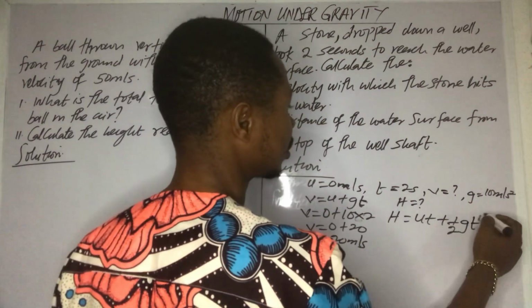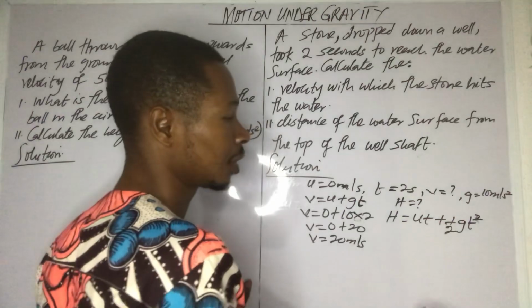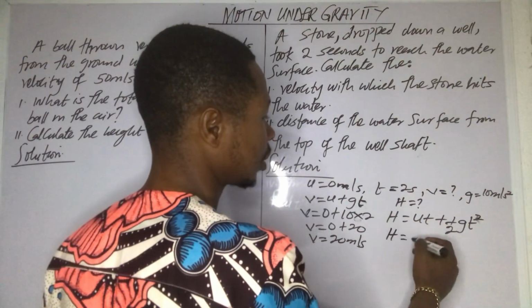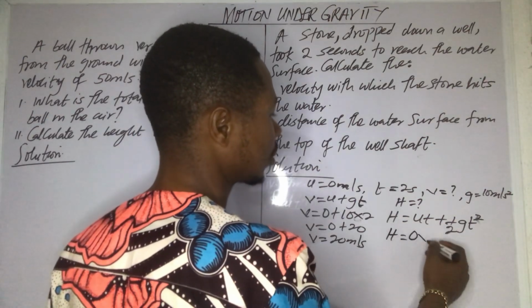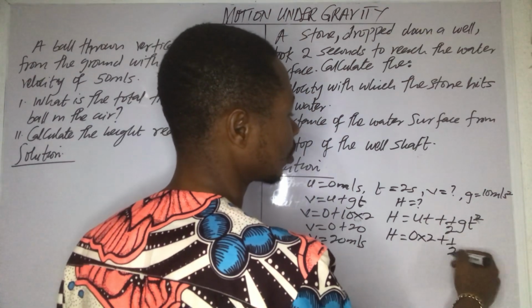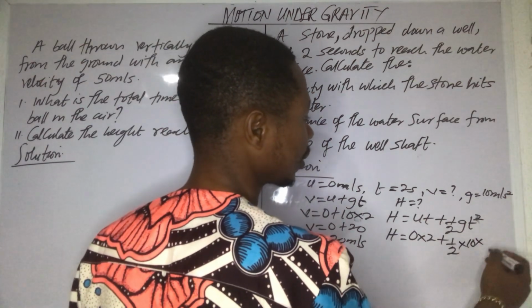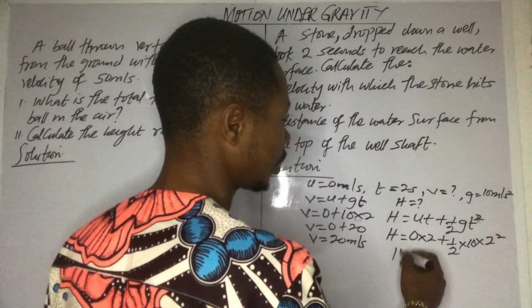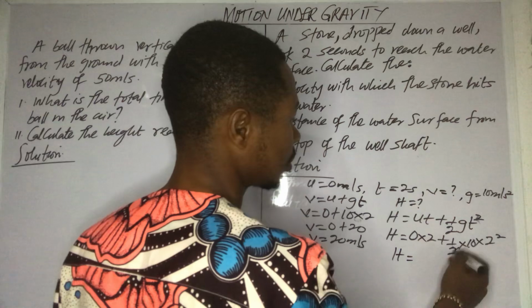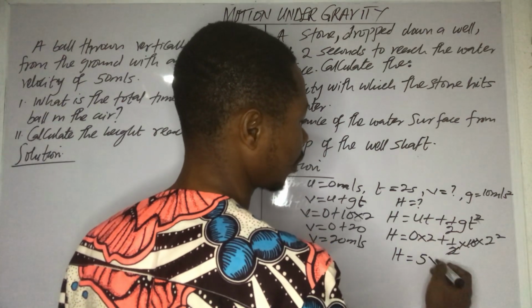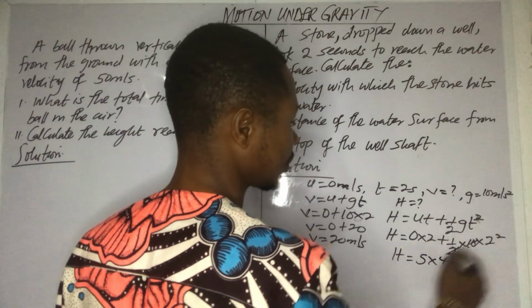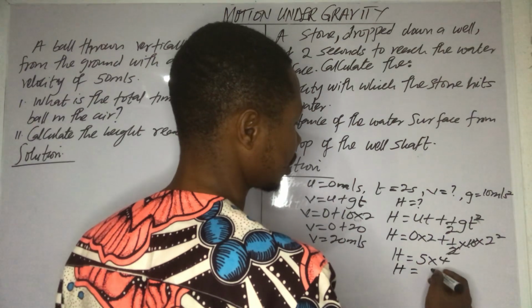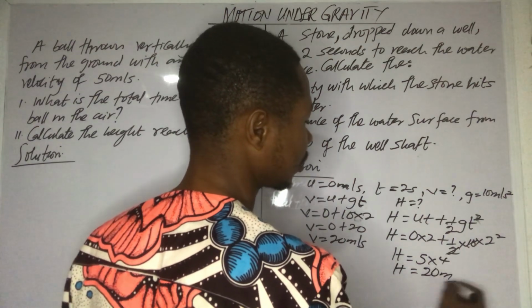I can use this because I have everything that I'm given. So h is equal to 0 times 2 plus half times 10 times 2 squared. This gives me 0, then I cancel the half, so you have 5 times 4. Then the height is 20 meter.